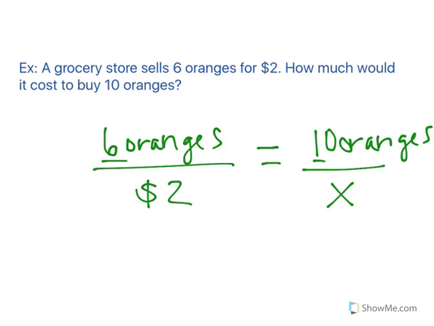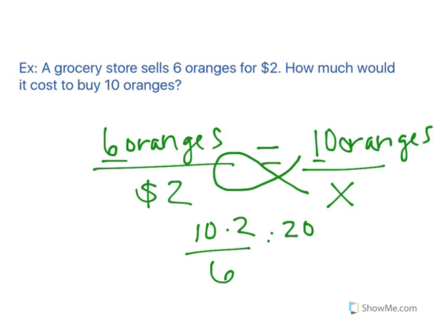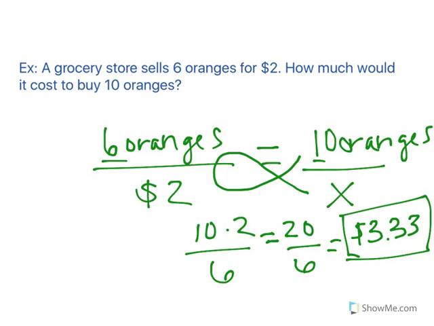There's no common whole number. So we can say 10 times 2 divided by 6 is going to be x. Remember that fish method? 10 times 2 is 20. Then 20 divided by 6 is about $3.33. Easy as that. Direct variation is also the same way as setting up two equal proportions, which we have done in the past.